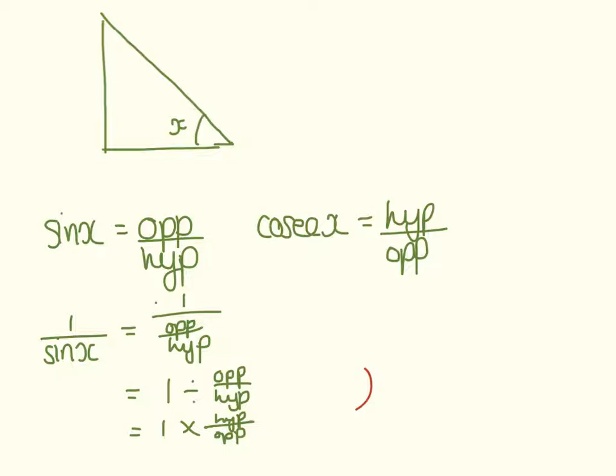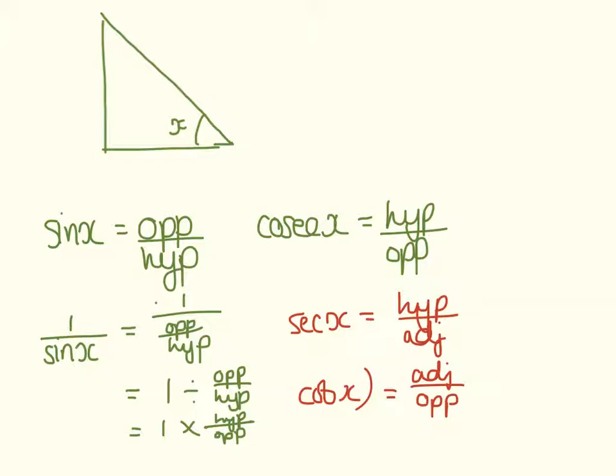So likewise, sec x, which is the reciprocal of cos, is hypotenuse over adjacent, and cot x is the relationship of the adjacent over the opposite. That last one, cot x, being the relationship of the adjacent over the opposite, might make you think about how else we could write cot x.